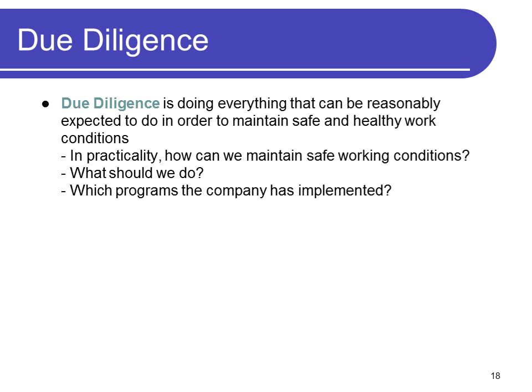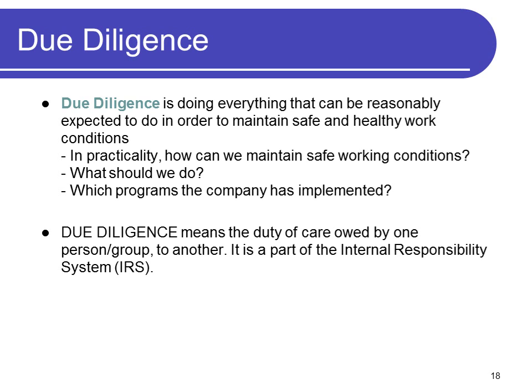What should we do, and which programs has the company implemented or been implementing? We will see this in more detail in the next chapters. All the programs that we are implementing are in order to reduce accidents, injuries and illnesses in the workplace.